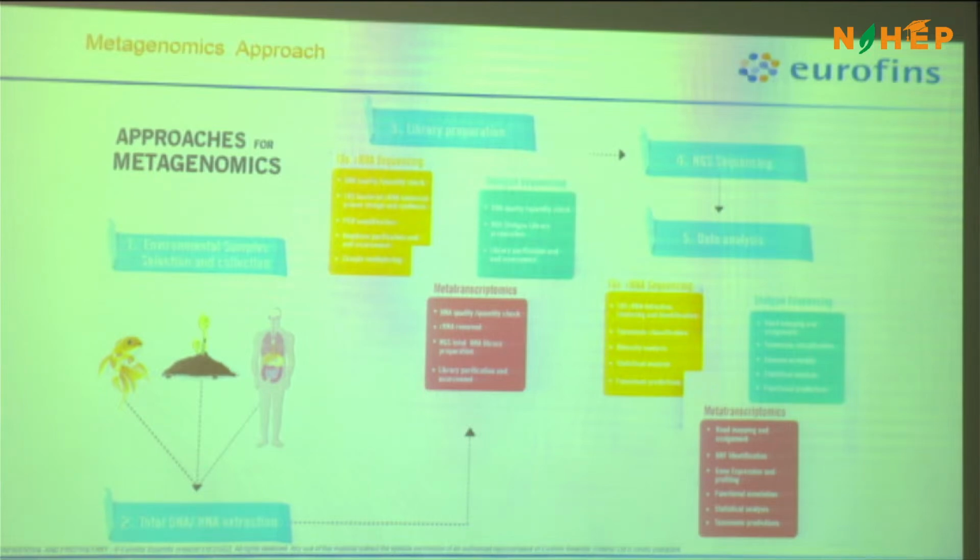In shotgun metagenomics, we take the entire DNA content of the sample, sequence the entire DNA with a WGS approach, and then we see the actual abundance, and from that abundance we pick up only the viral part using different custom databases.